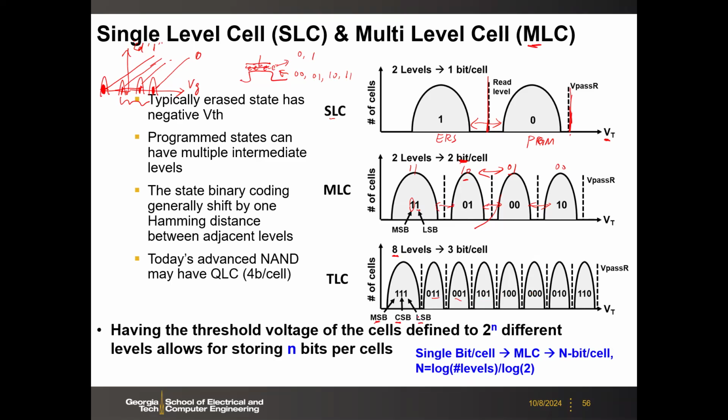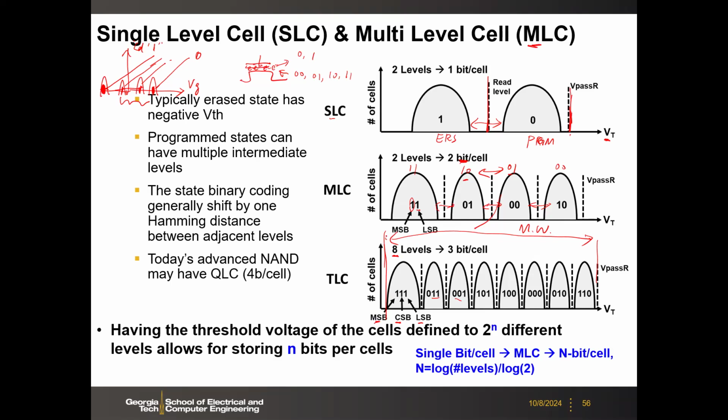So here, as you can tell, as you insert more and more levels in between, it becomes more and more challenging, right? Because in total, the memory window, that means the lowest level to the highest level, is not as large as you wish. So typically for NAND flash, the memory window is like 8 volts from the lowest to the highest.